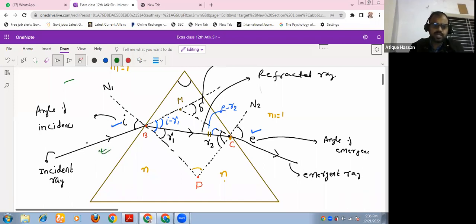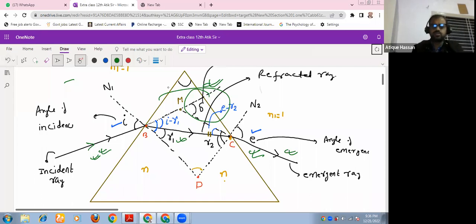Suppose a light ray is incident like this, passes inside the prism like this, and gets outside like this. The original direction of the ray was this, and finally it is moving along this direction. So this is the angle of deviation. If light rays are rotated from this direction to this direction, it means the light rays have deviated.